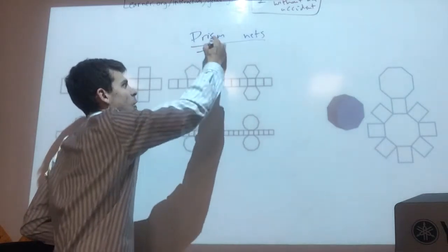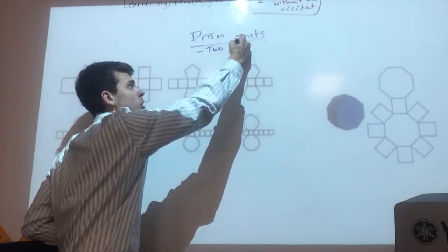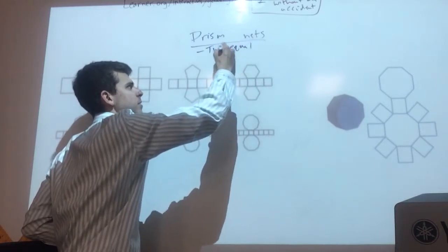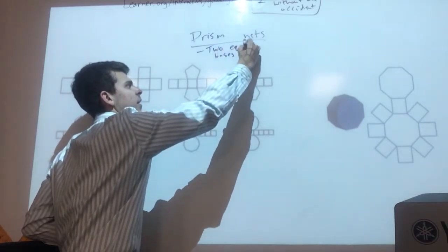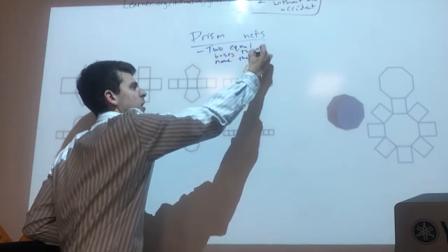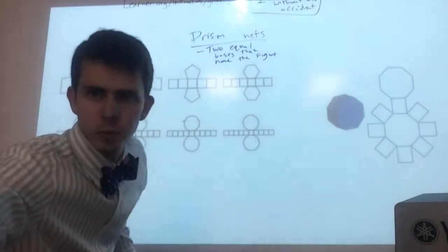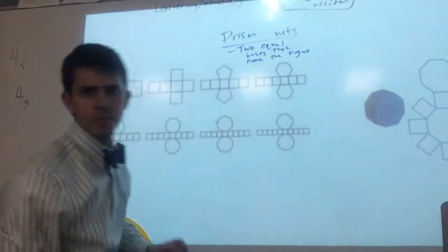So prism nets always have exactly 2 equal bases that name the figure. So for example, I'm going to move it just a little bit over here.